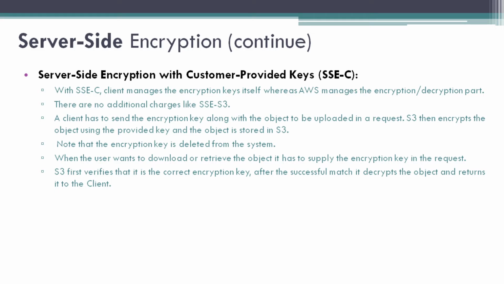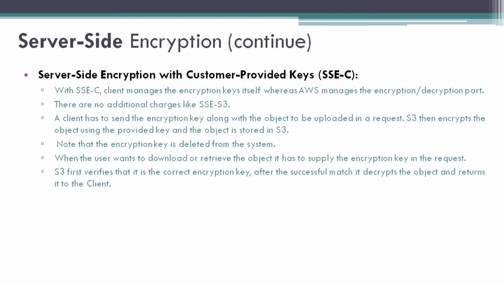Note that the encryption key is deleted from the system. S3 will never store your key. It only uses it to encrypt and decrypt your data. After that, it gets deleted. When the user wants to download or retrieve the object, they have to supply the encryption key in the request.